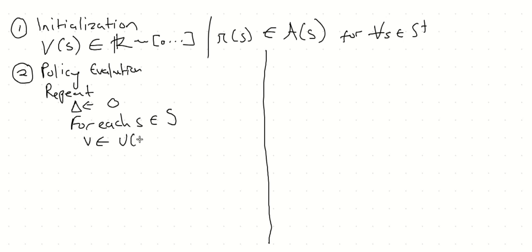we are going to assign some v to that, right? And then V(s) is actually going to be the summation over s prime, r of p(s prime, r given s, pi(s)), and then we multiply this by r plus gamma times V of s prime, right?